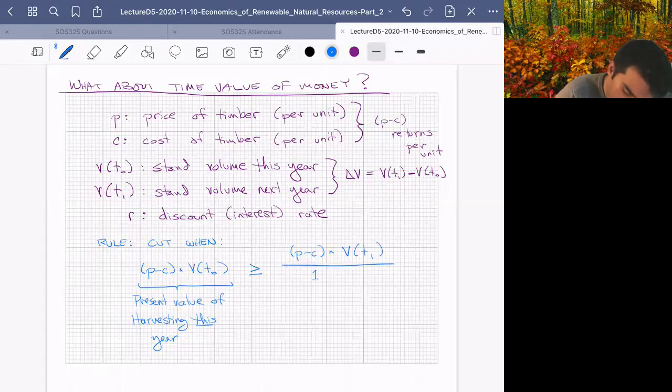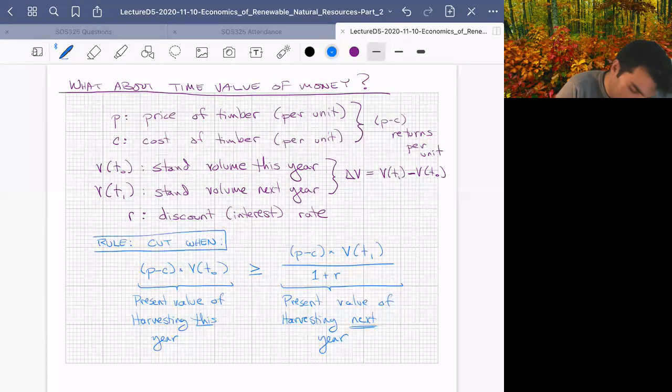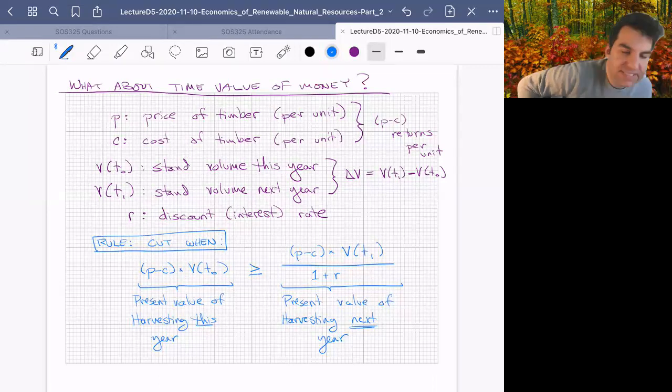So this is our time, our marginal rate of substitution. So this gives us the present value of harvesting next year. And so that is how we set up the math.